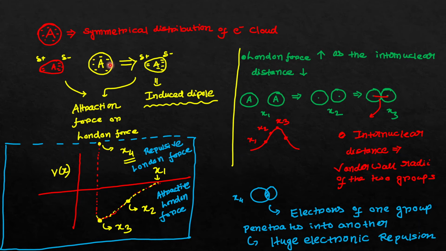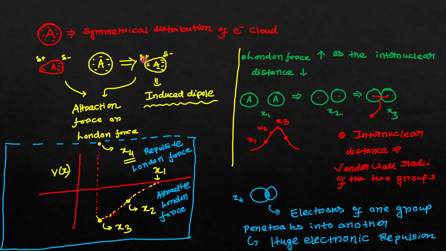Now suppose there is another non-polar molecule around this molecule, and it has a symmetrical electron distribution. But as a temporary dipole is created in this molecule, this temporary dipole will induce a dipole in the other molecule, because there is a partial negative charge, so the electrons will be repelled from this position and more electrons will go towards this position.